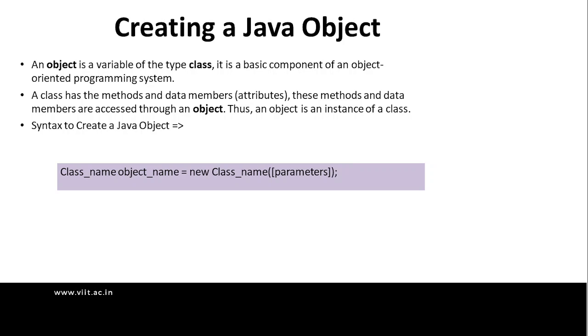Creating a Java object: syntax to create a Java object is class name, space, object name equal to new, space, class name with a bracket list of parameters.